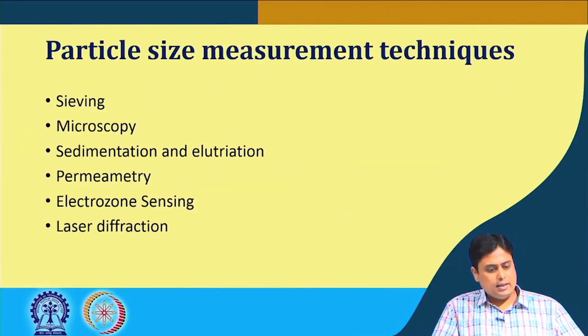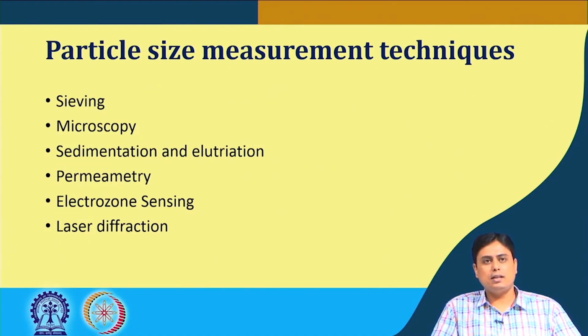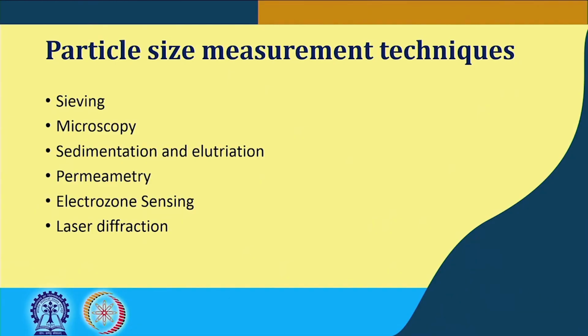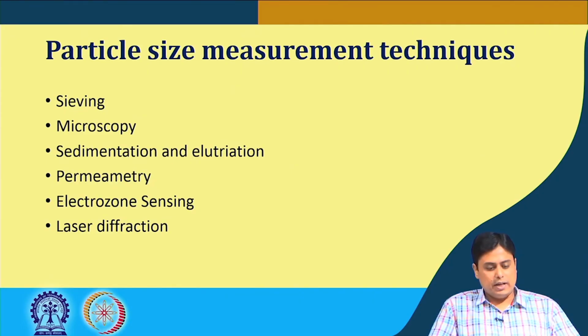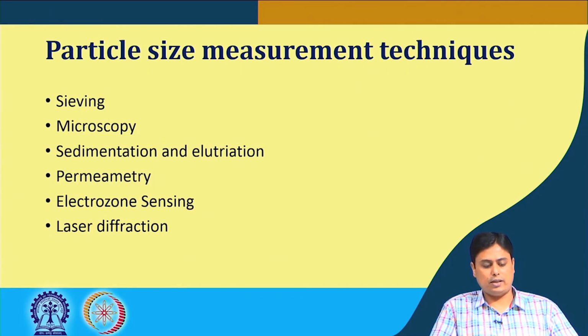So, the point is how do we measure a particle size? These particle size measurement techniques we will be discussing in detail in the next lecture. But let me give you an overview of what we will be covering: the different methods by which we typically characterize a single particle, which are sieving, microscopy, sedimentation, elutriation, permeametry, electrozone sensing, and laser diffraction methods.